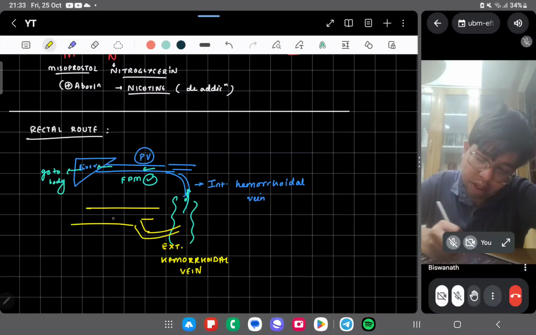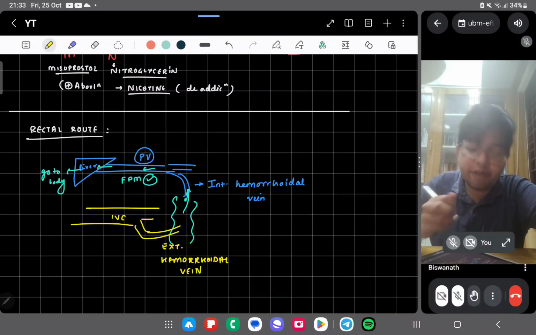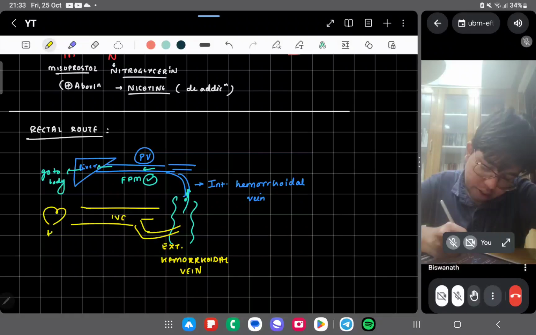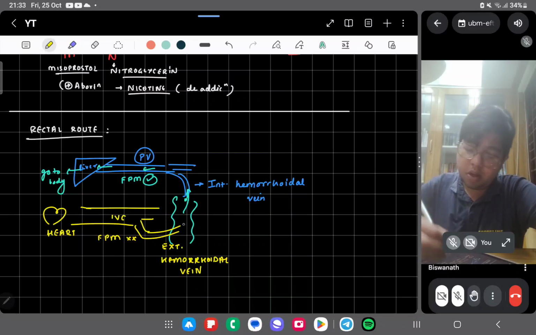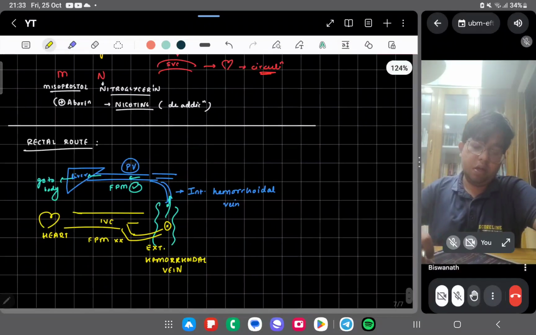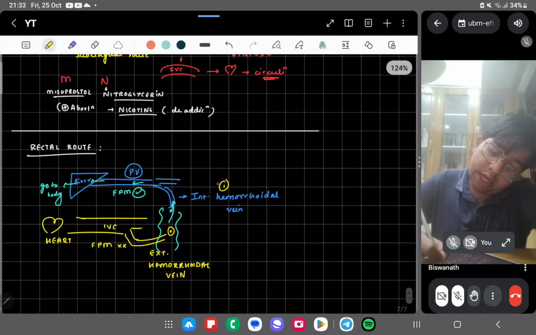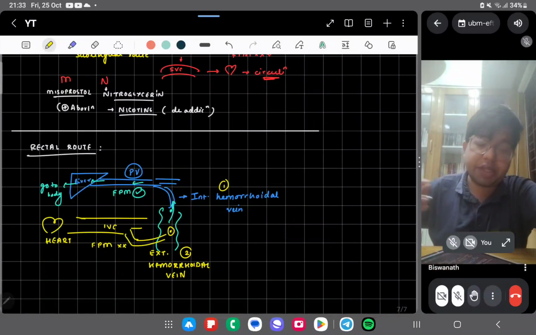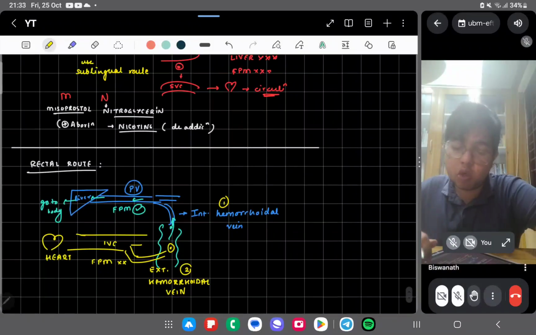It is draining to the inferior vena cava, and from the inferior vena cava it goes directly to the heart, right? So there is no role of the liver, and FPM is absent here. So this is our rectal route. You can use either the internal one or the external one. Understood? So what are the examples?